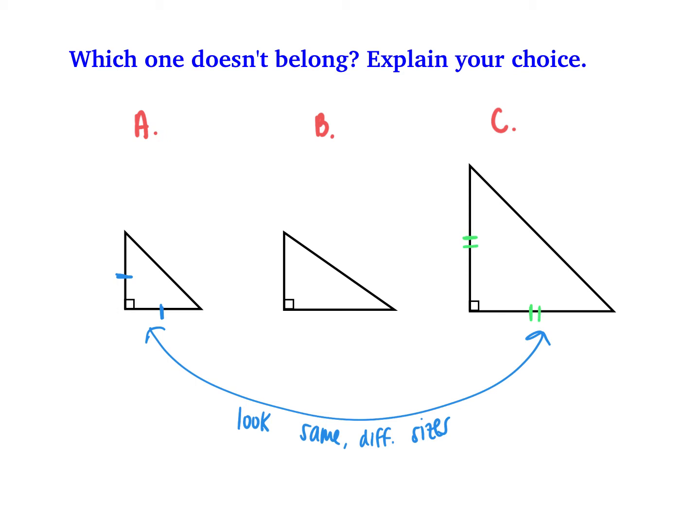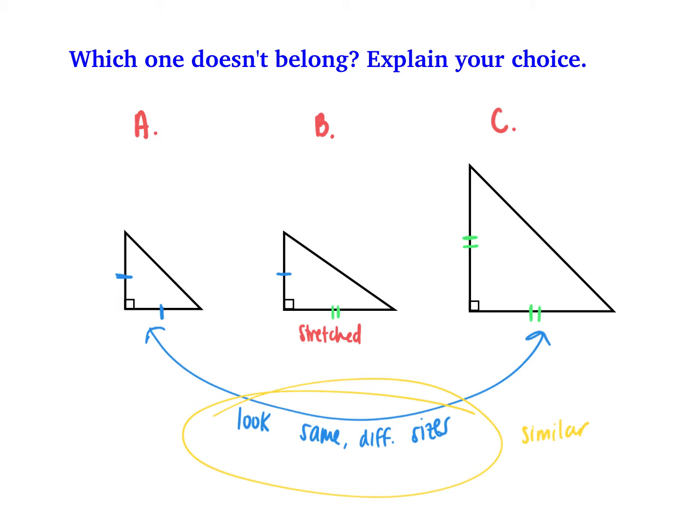If I look at B, however, this side and this side appear different. This one looks a little more stretched out and is longer than the other side length. So in math, there's a fancy word for looks the same but has different sizes, and we call that similar.